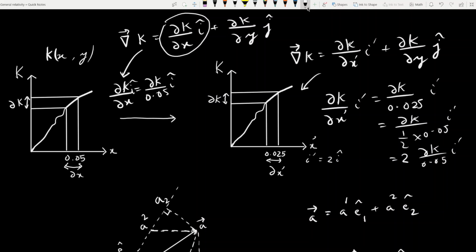See right here that del k by 0.05, and here is 2 times del k by 0.05. So as we have doubled our basis vector, the component of the gradient vector is also doubled. So these sort of vectors are what we are calling covariant vectors.